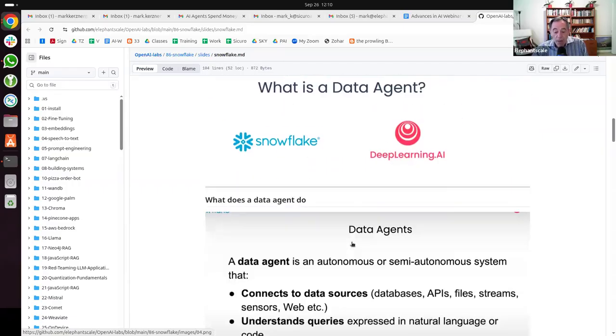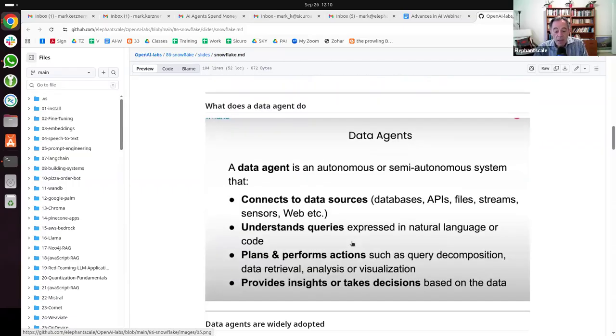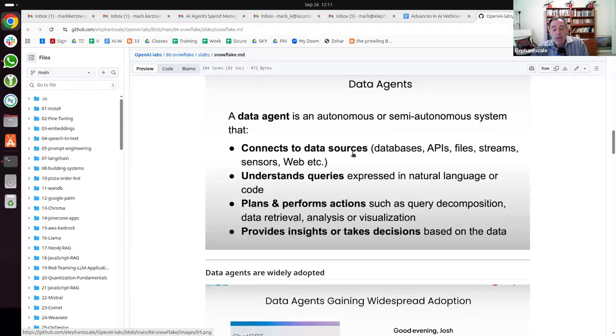So from here, they begin to explain their philosophy. And the first thing they ask is, what is a data agent? And that's exactly what we will see here. We will see that according to them, a data agent is some kind of autonomous or semi-autonomous system that connects to data sources. Well, it does very many things, not only data sources at all.